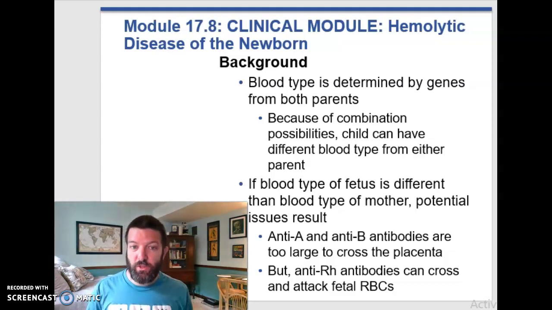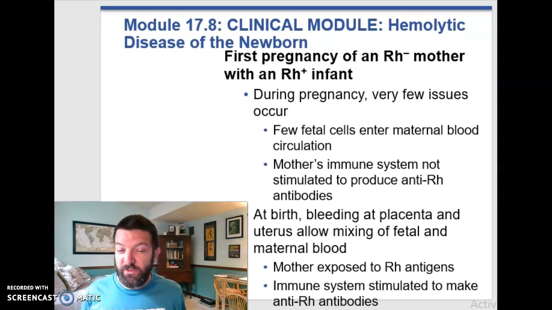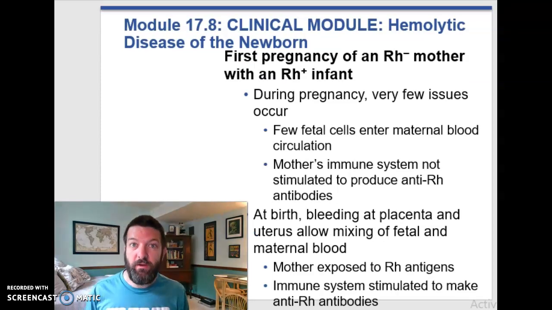So in a case where the mother is Rh negative and therefore can make the anti-Rh antibodies, and the fetus is Rh positive, well, you could have an issue. Now, this generally doesn't matter for the first pregnancy, because the Rh negative mother may not have been exposed to the Rh antigen before, and she probably won't be exposed during pregnancy.